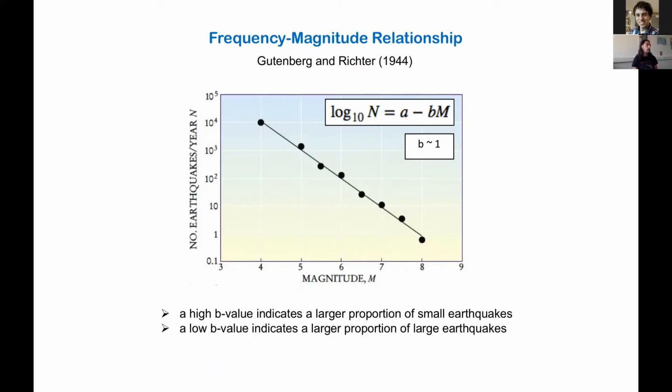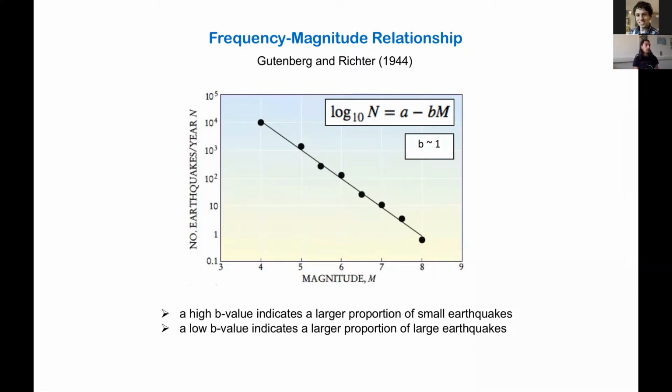A high b-value, a steeper slope of the curve, indicates a larger proportion of small earthquakes. And the opposite, low b-values, a more flattened slope, indicates a relatively larger proportion of large earthquakes.